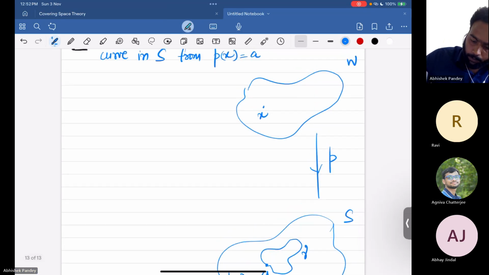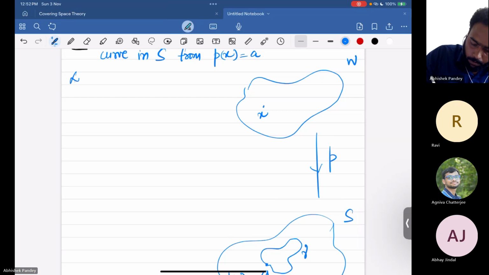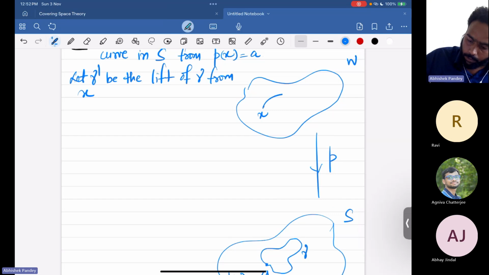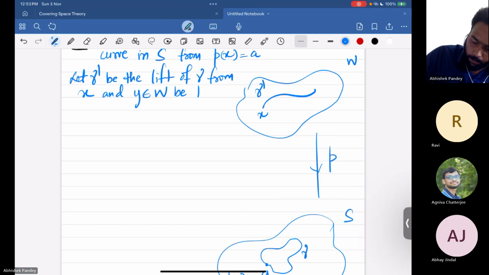Okay. Now again, the same technique. Let gamma tilde be the lift of gamma from x. So let us say this is the lift, and y belonging to W be the terminal point of gamma tilde.